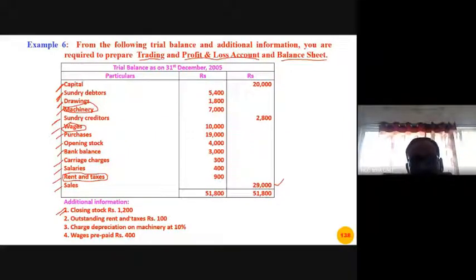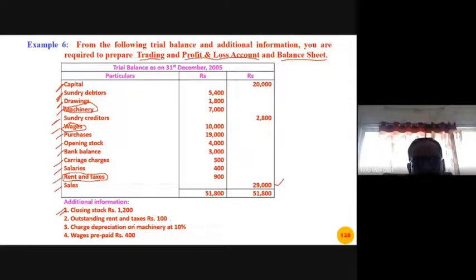During this financial year, 100 rupees rent is still to be paid. That is known as outstanding rent and taxes. Any expenditure which is still to be paid for the current financial year is called outstanding expenditure, outstanding rent or outstanding salary, outstanding wages, outstanding insurance or anything.